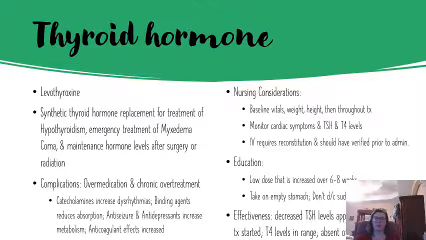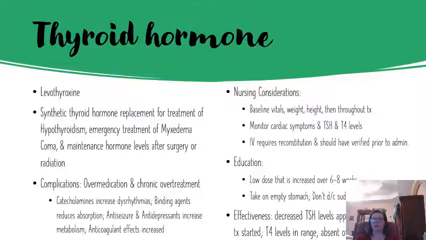Education: these are going to be administered in a low dose and then slowly increased over 6 to 8 weeks. They should take this on an empty stomach and not discontinue it suddenly. The effectiveness we're going to see by a decreased level of their thyroid stimulating hormone at approximately the 6 to 8 week mark after therapy has started.